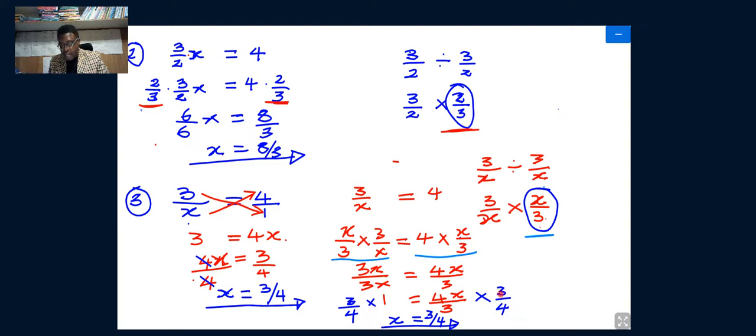You multiply by the inverse of the fraction of this coefficient, you invert it. So you multiply by the inverse. When you multiply on the right hand side, you must also multiply on the left hand side.